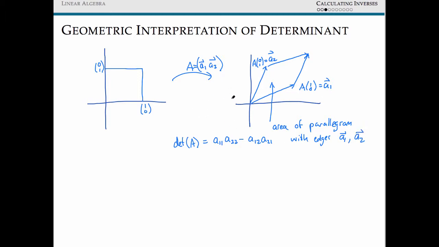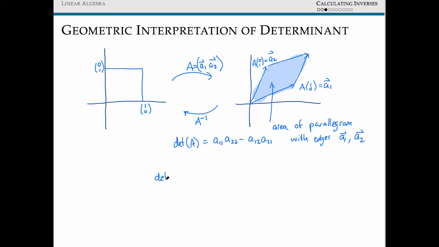So an interpretation for the determinant is actually precisely the area of one of these parallelograms. And we can identify when a matrix has an inverse precisely when this transformation is 1 to 1, or when our vectors weren't sent to a parallelogram of area 0.